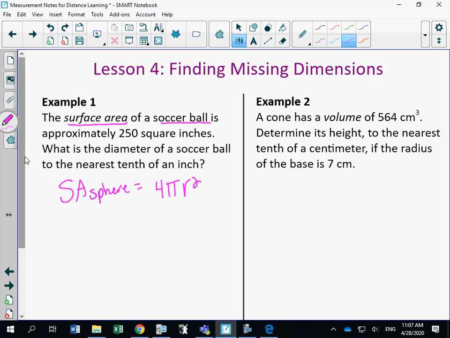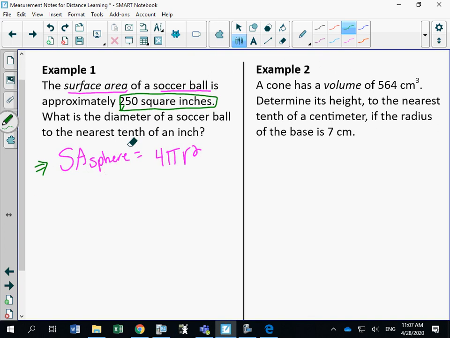Then it says the surface area of the soccer ball is approximately 250 square inches. So you need to know what to take out from your formula and what you are going to substitute 250 in for.